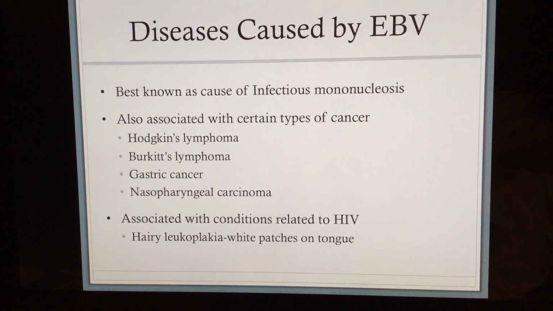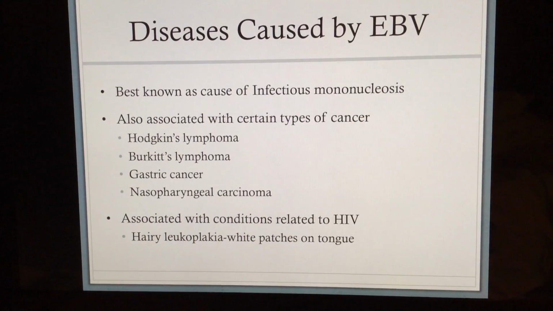It's thought that 200,000 cancer cases are attributed to the Epstein-Barr virus per year. Some of those cancers are Hodgkin's lymphoma. It's thought that 1/2 of cases of Hodgkin's are due to the Epstein-Barr virus. There's also Burkitt's lymphoma, gastric cancer, and nasopharyngeal carcinoma.